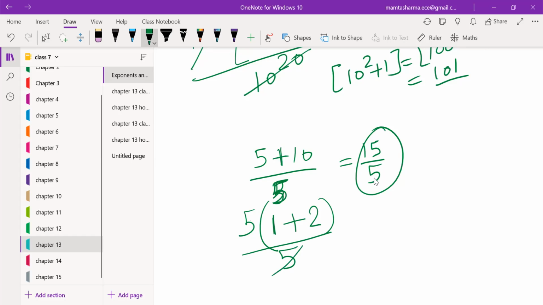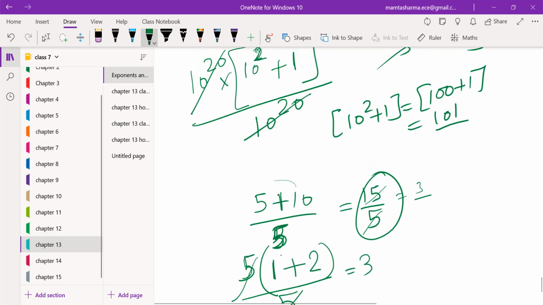Now you can cancel the common factor, and 3 would be the answer. We get the same 3 by adding the two numbers or by taking the common factor. So there are a number of ways which we can use according to convenience.